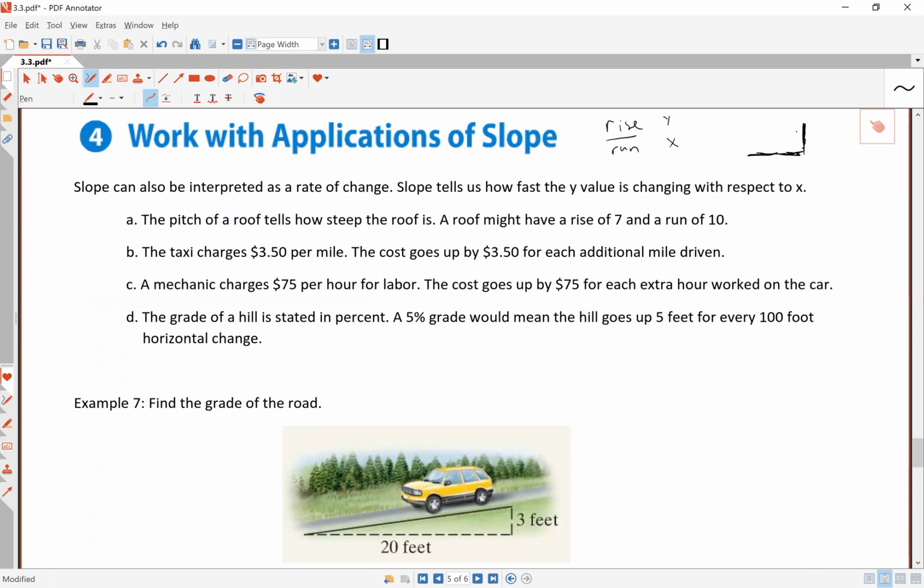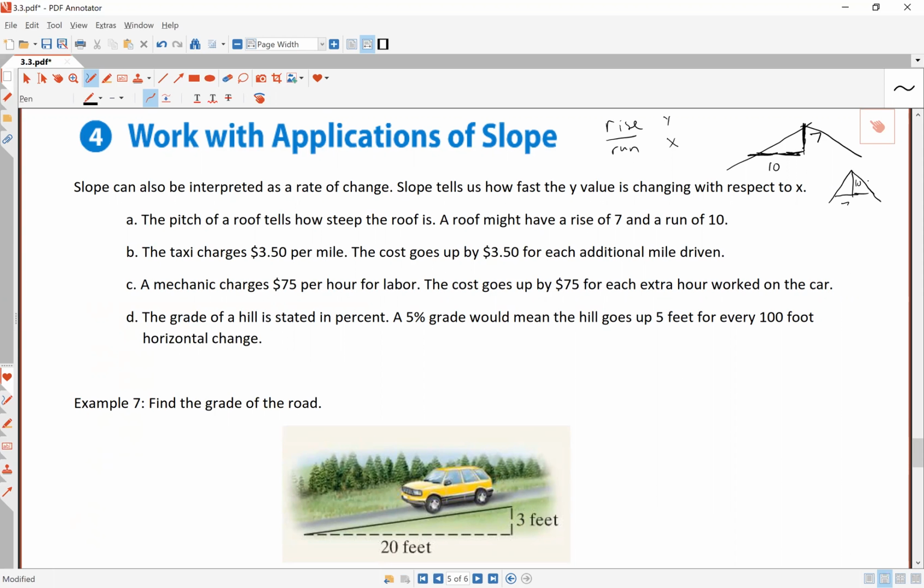The pitch of a roof tells how steep the roof is. A roof might have a rise of 7 and a run of 10. Other roofs have different pitches. Some are much steeper. Maybe it's a run of 7 and a rise of 10, depending on the style of the home.